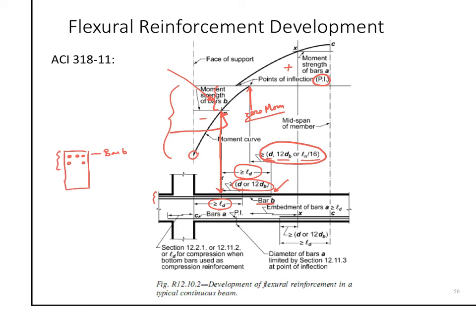Now, if you tell me that I'm not going to stop anything, I'll just continue all 5 bars, then what really dictates would be this criteria, that you pass the point of inflection. In case you're just stopping all the bars together, then the point of inflection is going to be your reference, because you don't have Lds from demand capacity comparisons.